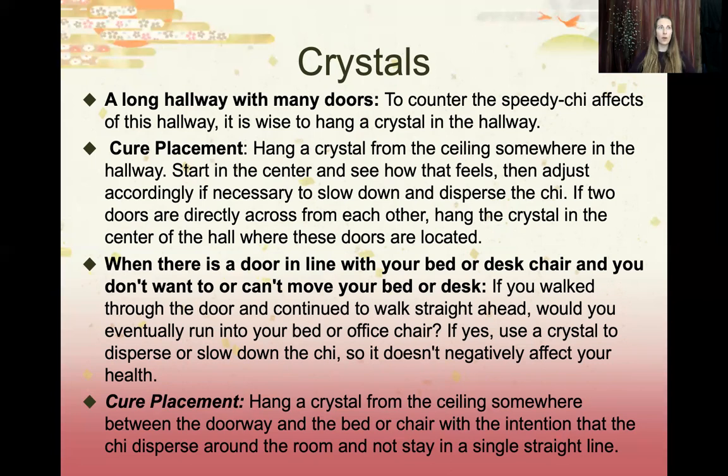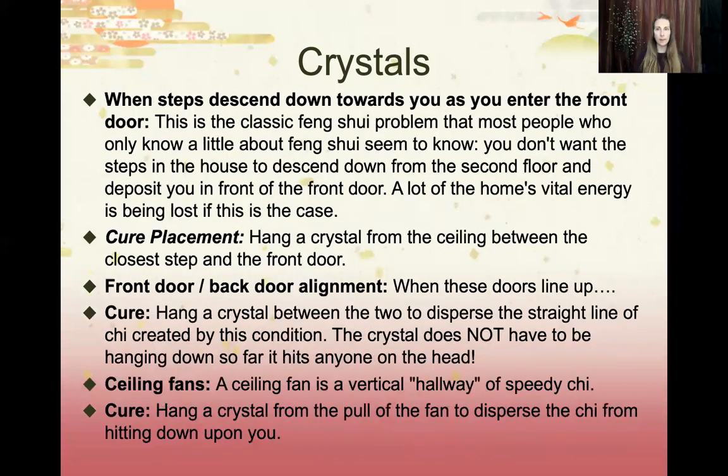Sometimes we can move our furniture and it's going to make a world of difference. Sometimes we're not going to be able to move that furniture. So we're going to hang a crystal from the ceiling somewhere between the doorway and the bed or the chair, with, again, that intention of dispersing that chi around the room. So it's not just hitting us straight on directly.